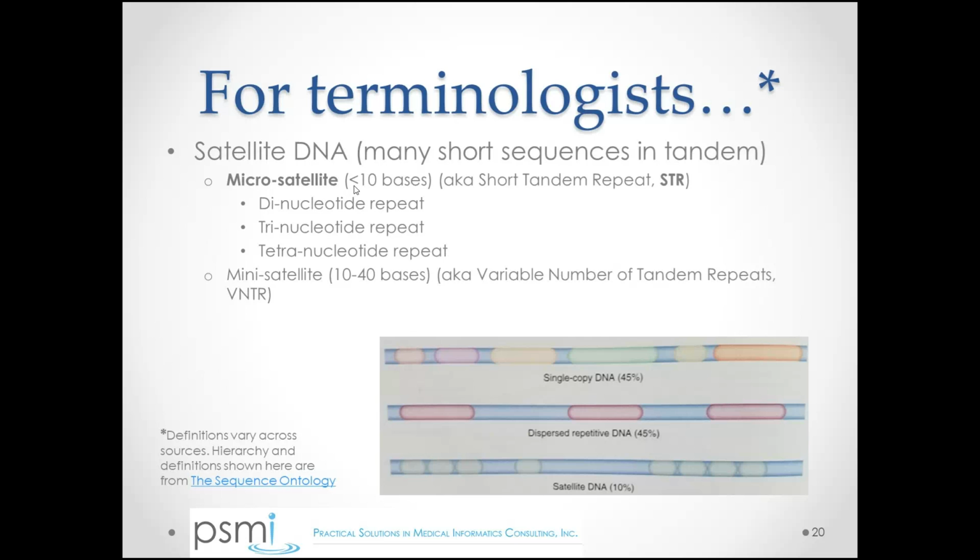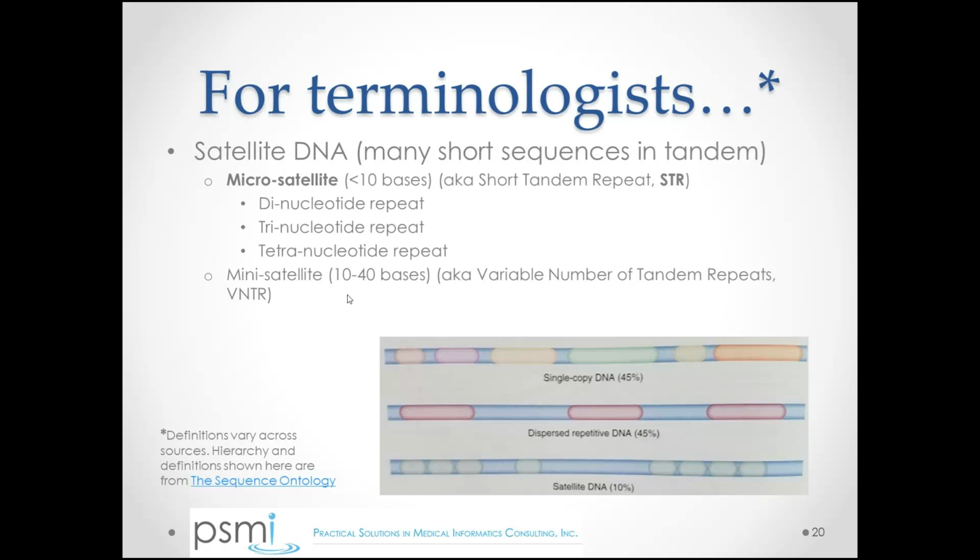So microsatellites are also known as short tandem repeats, and that's what we're going to be focusing on here. These can be dinucleotide repeats, 2, 3, or 4. And then minisatellites, which people have also looked at using, for instance, for paternity testing. Minisatellites are a little bit bigger for Sequence Ontology, 10 to 40 bases.